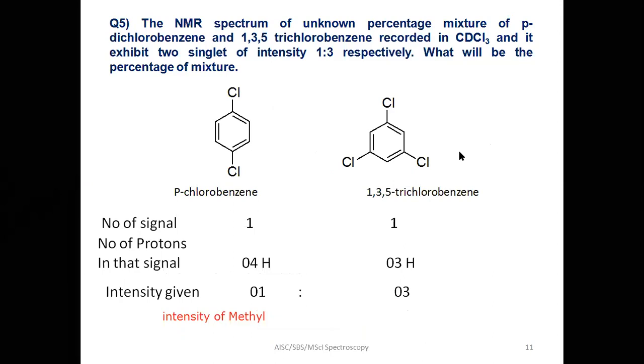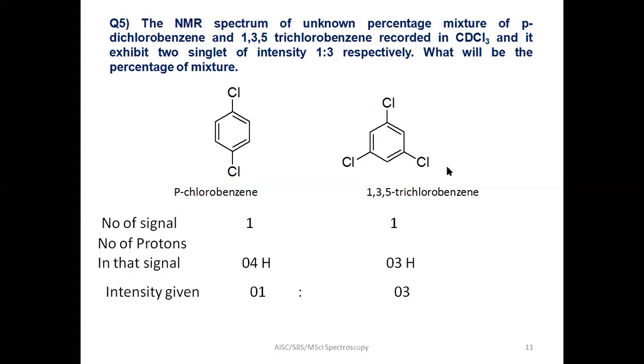Next one. What is the question? The NMR spectrum of an unknown percent mixture prepared of para-dichlorobenzene and 1,3,5-trichlorobenzene is recorded in CDCl3.